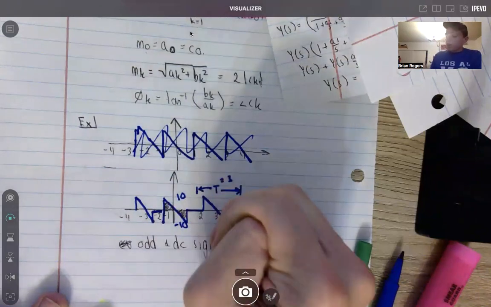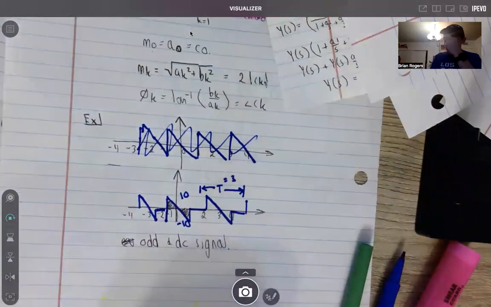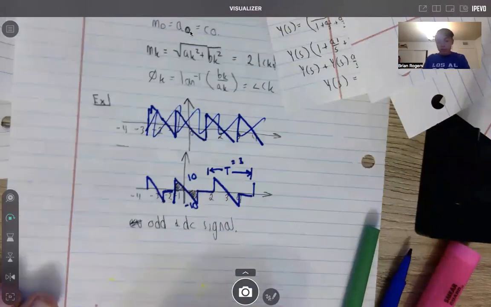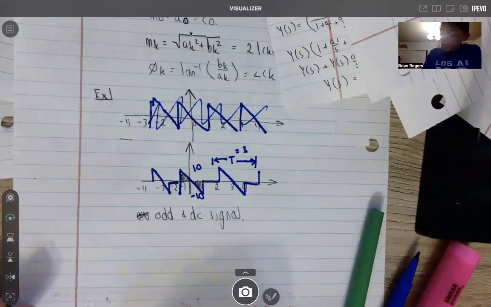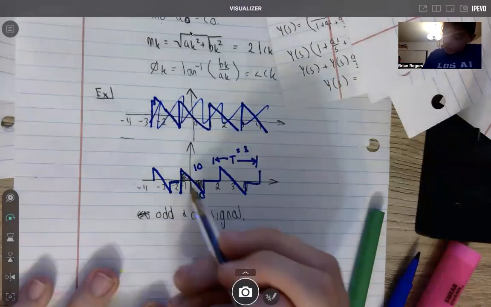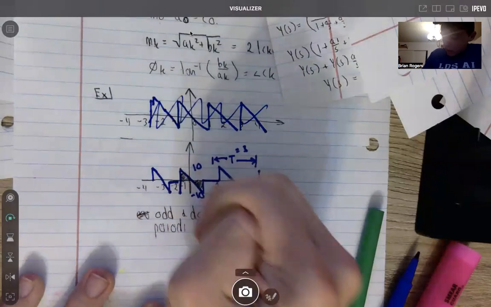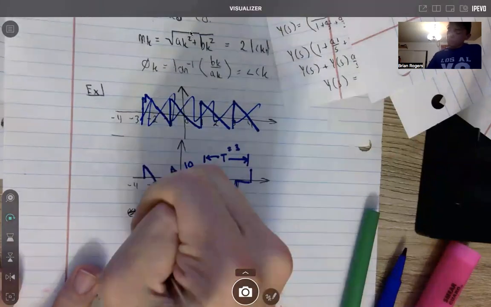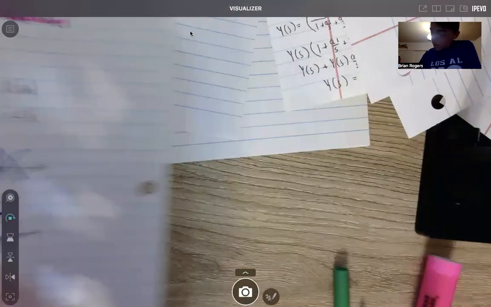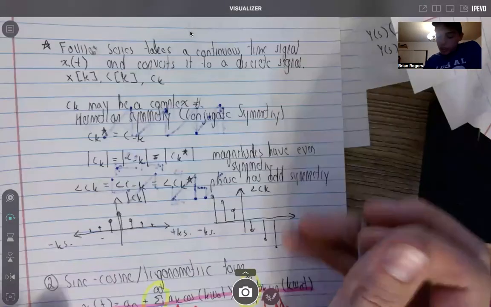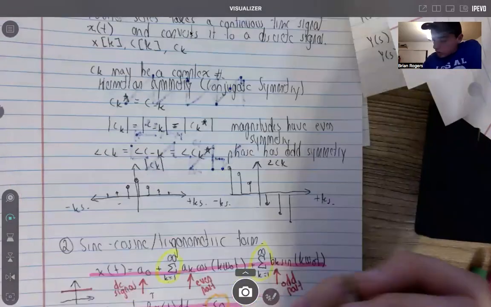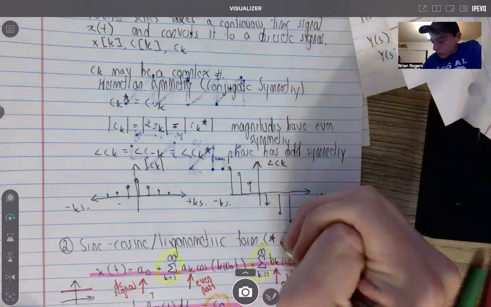So what I'm going to do is, I like this sine and cosine form just because that's simplest for me. And the biggest thing is I notice this is periodic. And I might have forgotten to mention this: for the sine cosine trigonometric form, the big thing is it must be periodic.